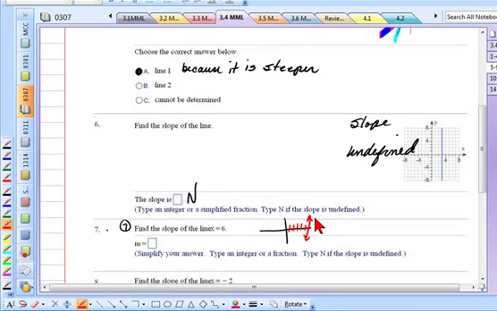Undefined. So that's why I want you to take the equation, x equals a number, think about what it looks like, maybe draw it, and then say what kind of slope does that have. That is undefined, and it will ask you to type in a capital M. Is that okay? Tying those ideas together.